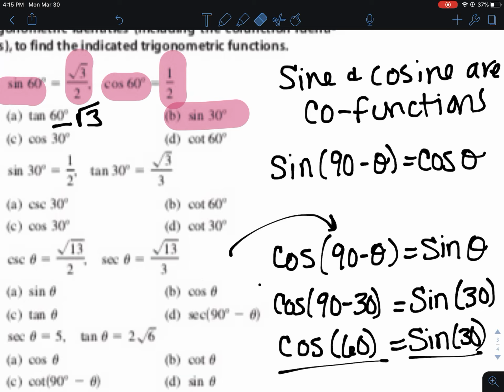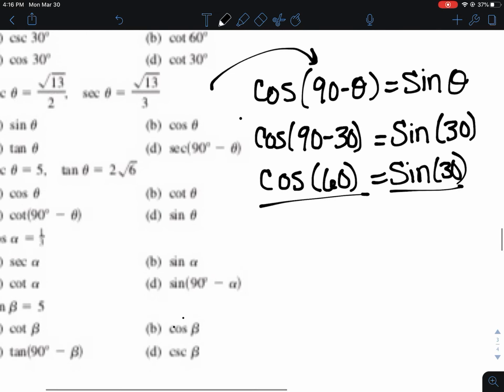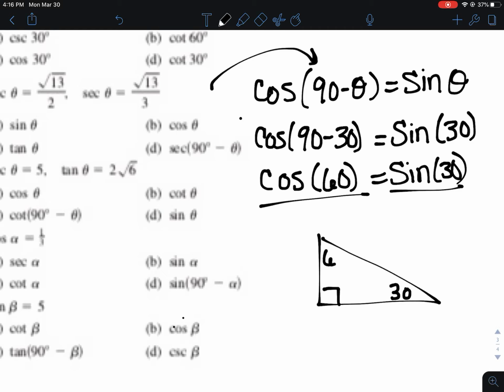Think about those angles. If I put them in a right triangle, you would have a 30, 60, 90 right triangle. So depending on which angle you start from, the opposite and the adjacent are going to swap places, right? Let's think about that. Here's my 30-degree angle, 90 is 60.